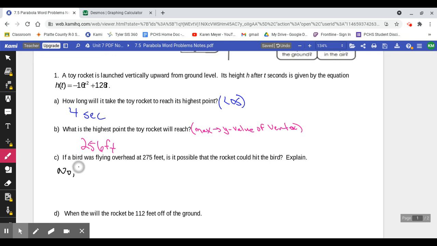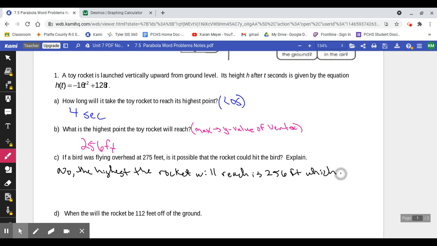So I would say no. The highest the rocket will reach is 256 feet, which is below the bird flying at 275 feet.